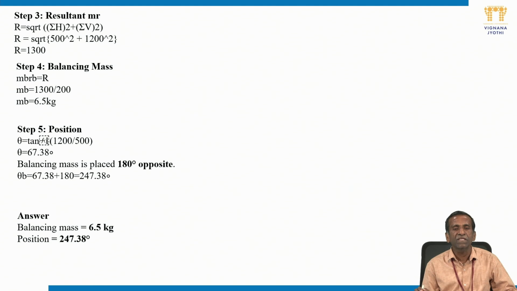Theta is equal to tan inverse of the algebraic sum of all vertical components of forces divided by the horizontal components. That gives the resultant of the given forces, and then the balancing mass is placed exactly opposite, at 180 degrees plus that orientation.